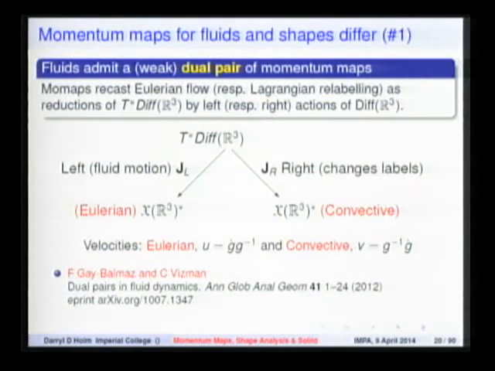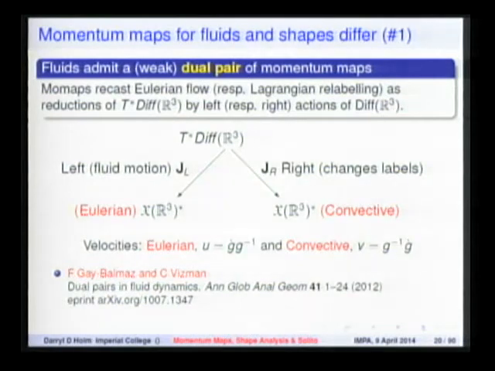Okay, so here's a point that makes a difference between fluids and shape analysis: they have different momentum maps. The momentum maps of fluids are just diffeomorphisms of a region, and the flow is by diffeomorphisms of the region.